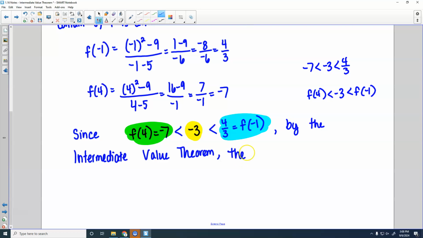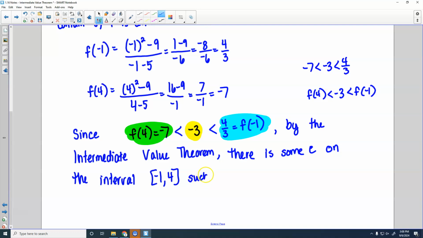There is some C on the interval -1 to 4 such that F of C equals -3.